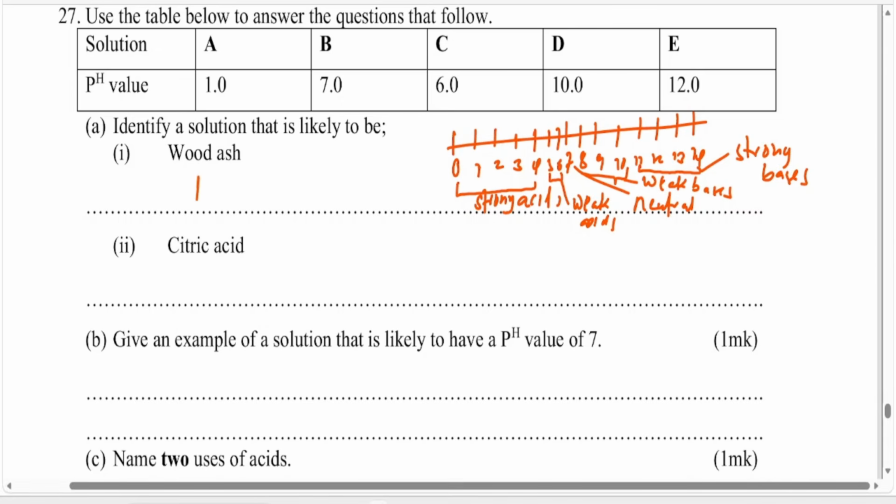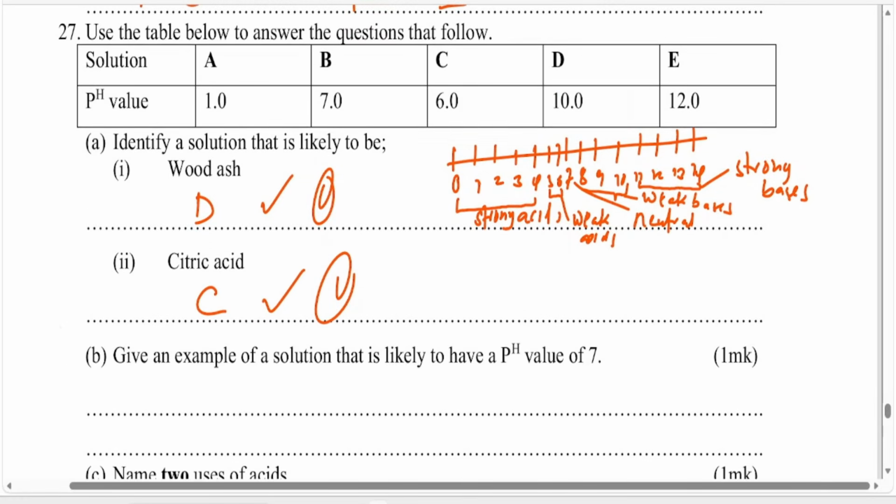Citric acid is an acid, but it is a weak acid, so it ranges between 5 to 6. So in our case here, we have 6. So we have one mark each.